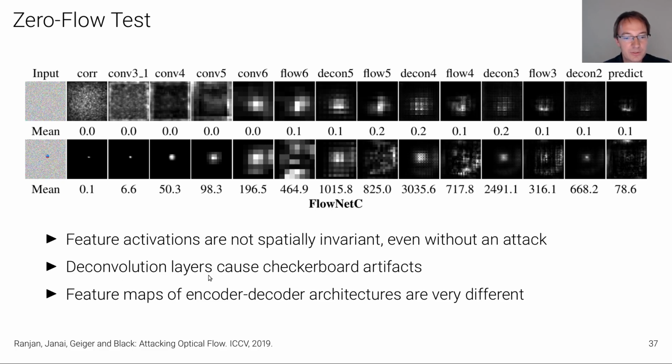The deconvolutional layers cause checkerboard artifacts that are sometimes also present in the final results, and the feature maps of the encoder-decoder architectures are very different. So here, you can see the difference between the attacked and unattacked image of these encoder-decoder architectures, which leads to these strong outliers in the final result.